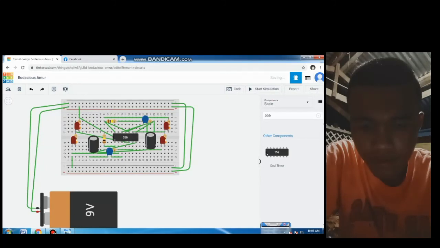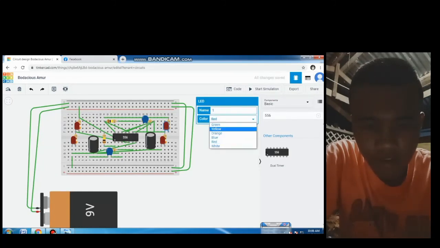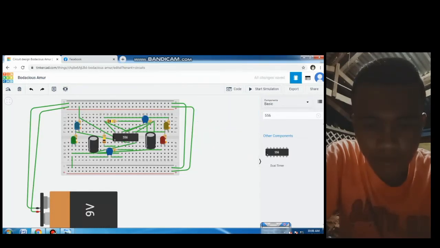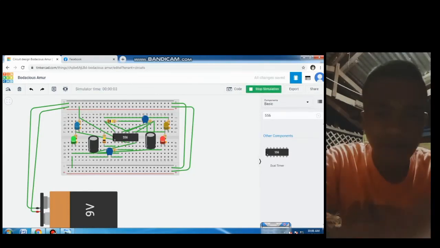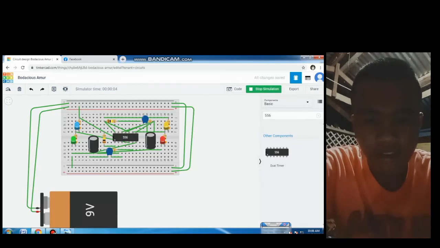Okay, let's change the color of the LED. Okay, let's try again. Oh, you see guys, the LED is now light and blinking. The important thing is follow the circuit diagram and safety.